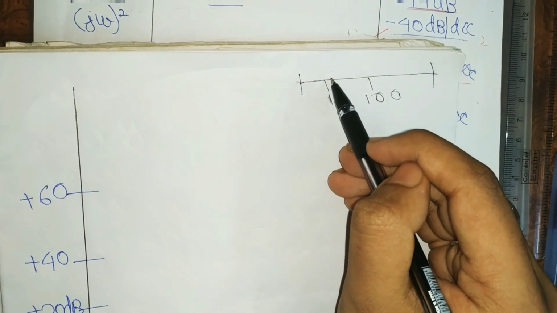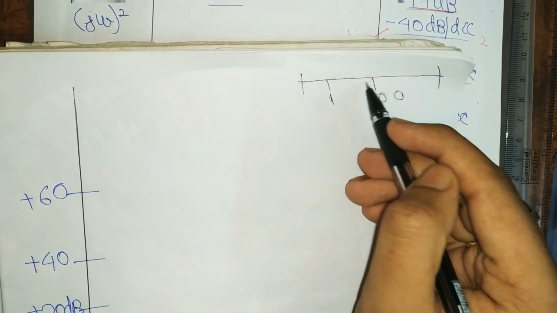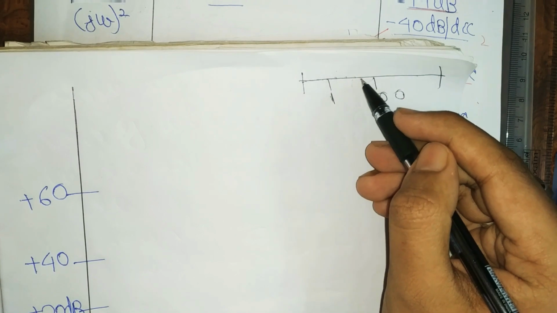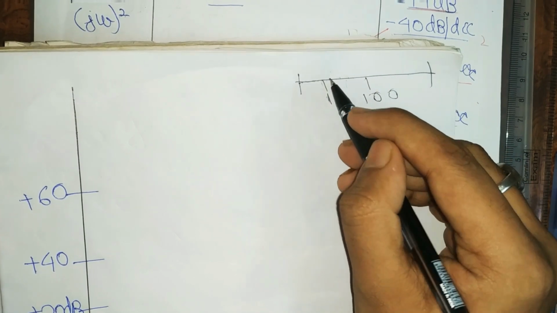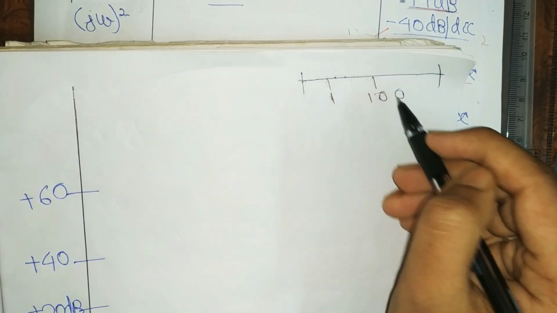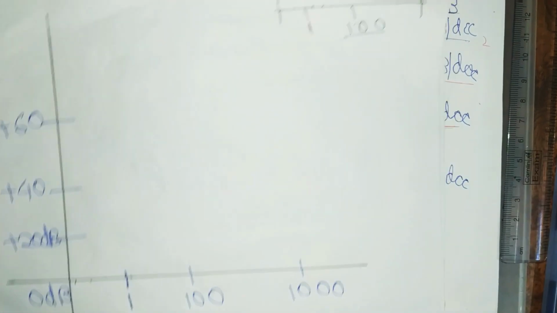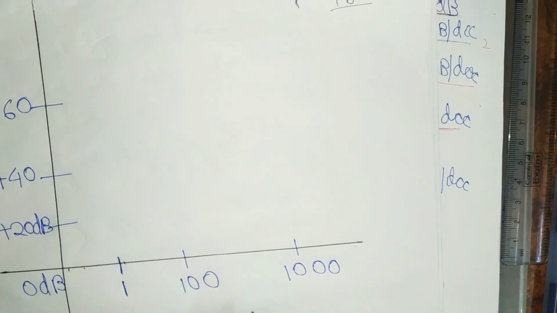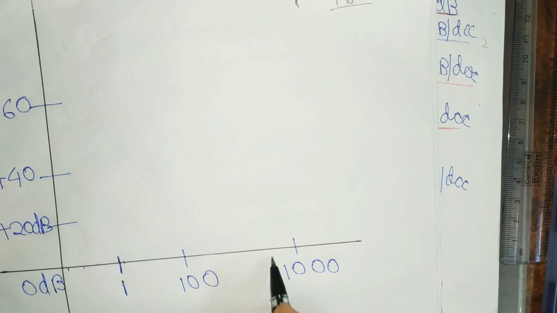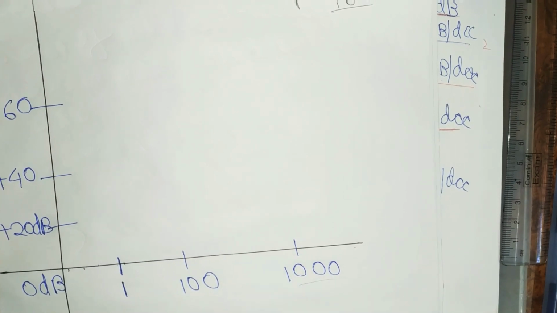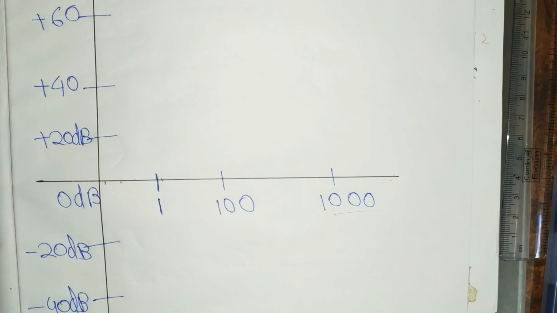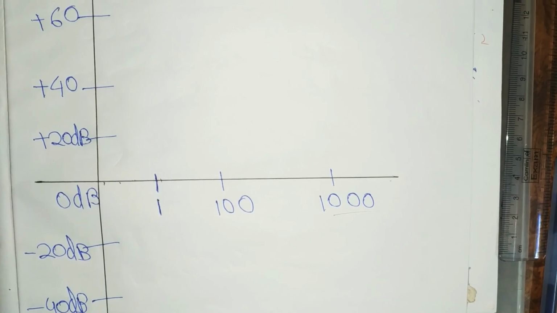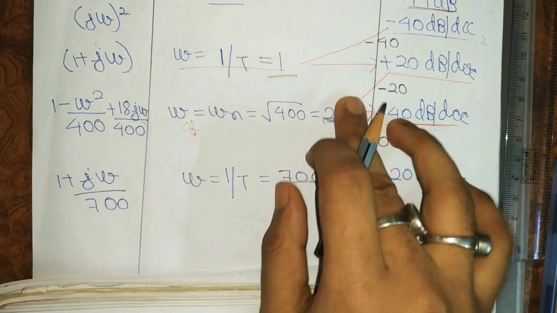After 1 you will see 10, 20, 30, 40, 50, like this up to 100. And similarly after 100 you will get 200, 300, 400, 500, 600, up to 1000. So this is the type of semi-log graph paper, and we have to plot according to these values.